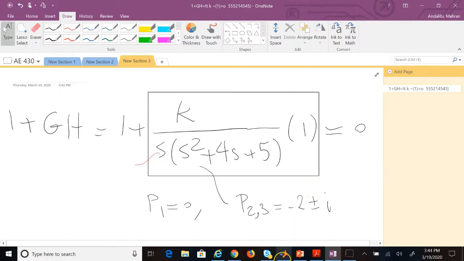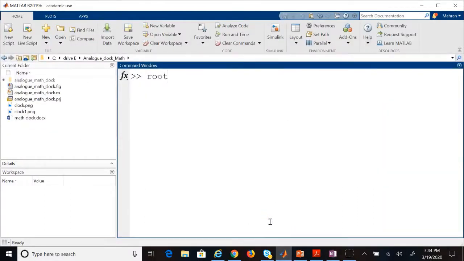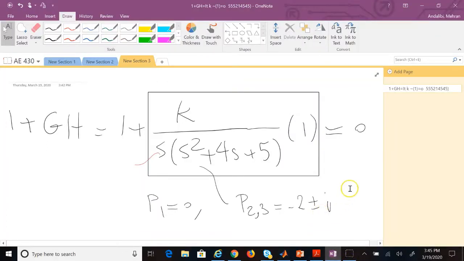And you can always check it with MATLAB, but I don't think we need to. So if we take the roots of 1, 4, and 5, yes, they should be negative 2 plus or minus i. So we have 3 poles, no zeros, k is in the numerator, life is good so far.